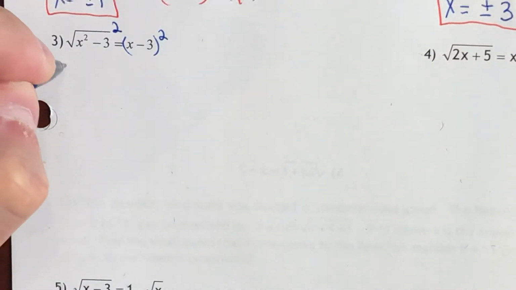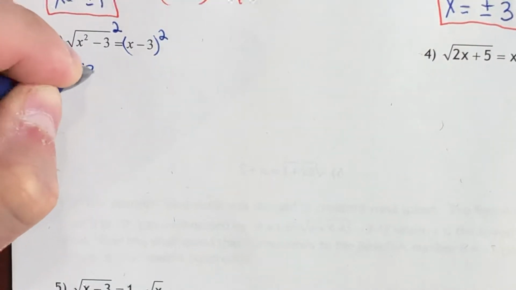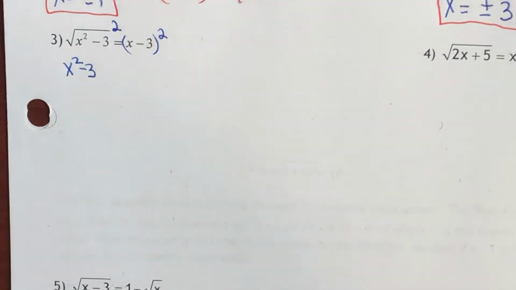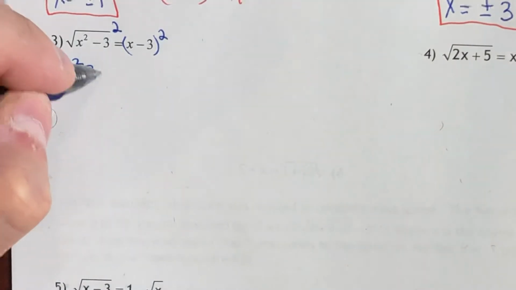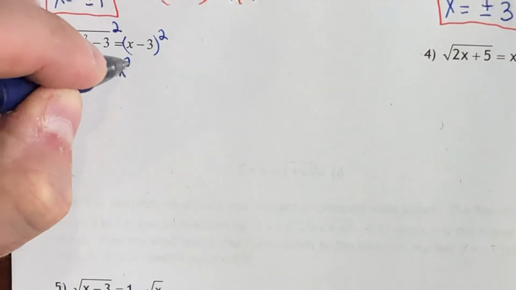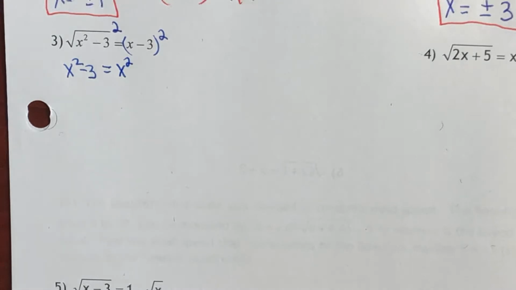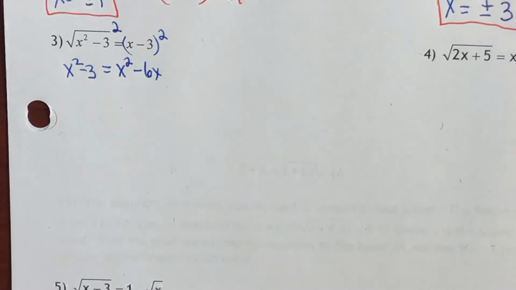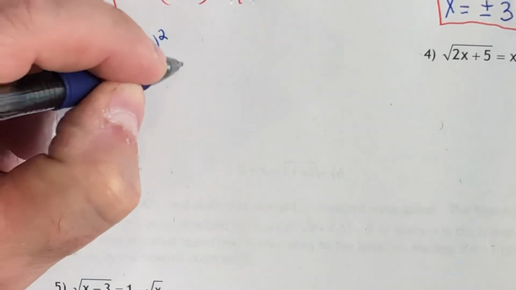So I simply have x squared minus 3. And then on the right side, x minus 3 times x minus 3, those two binomials multiplied together make x squared minus 3x minus 3x, which would make a minus 6x for the middle term, and then negative 3 times a negative 3 is a positive 9.